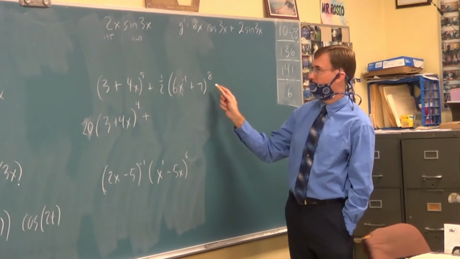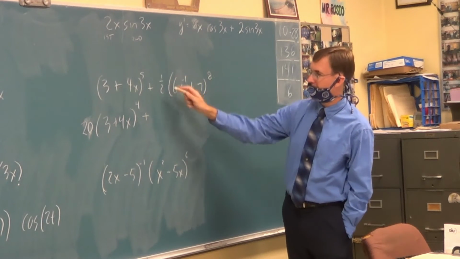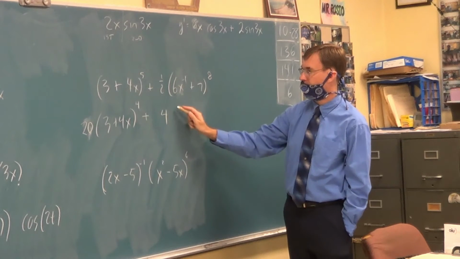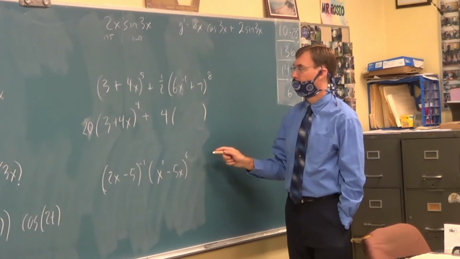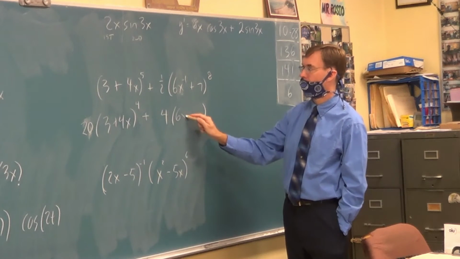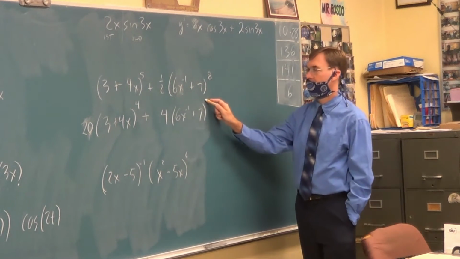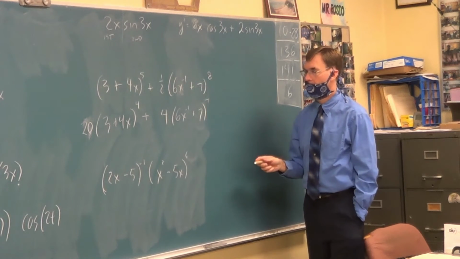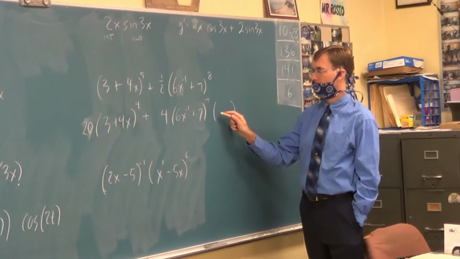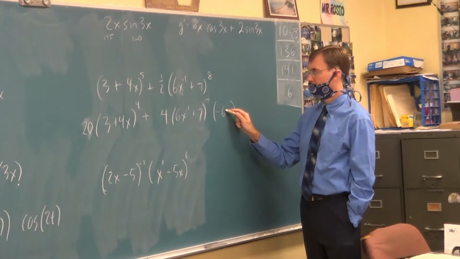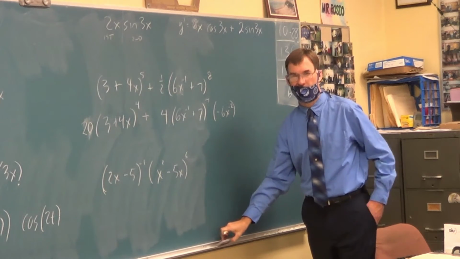Attack this the same way. 4. Bring down the 8, that hits the half is a 4. And 16 plus 7. All that same stuff. So 7 for the 7. Negative 6x to the negative 7. Agreed. And then should any of that go together?